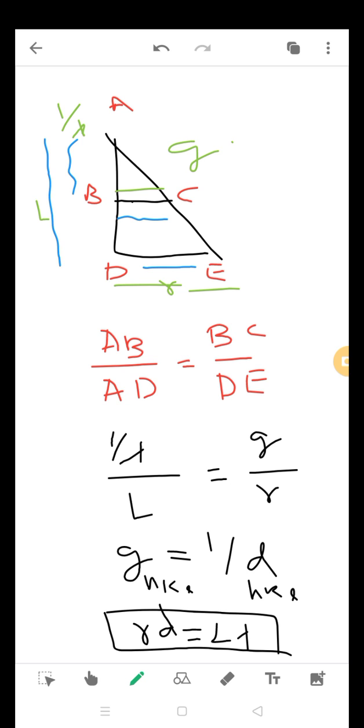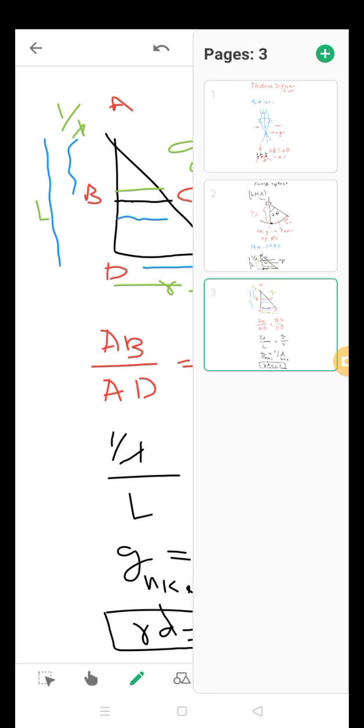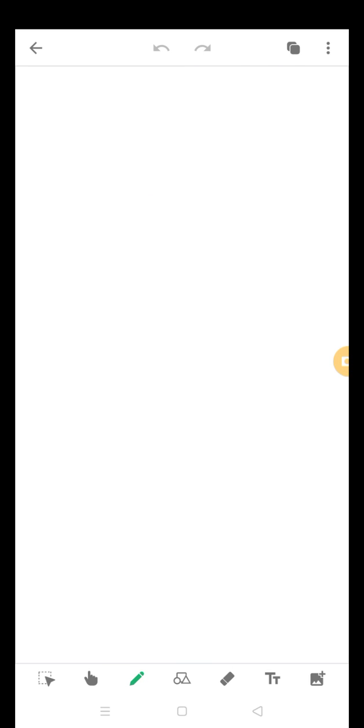Now this L lambda, let us put on the slide. We have R d = L lambda. This L lambda is sometimes called the camera constant.